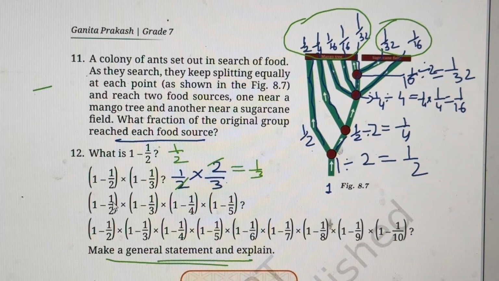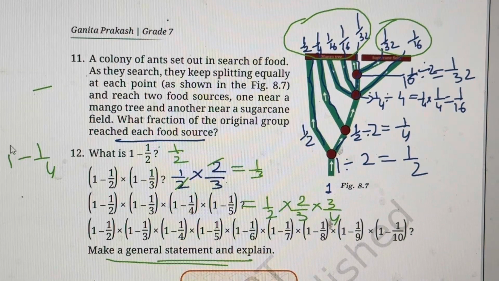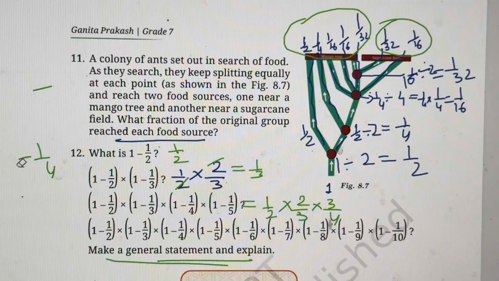Similarly, if we do the third one, 1 minus half is half into 1 minus 1/3 is 2 upon 3. Observe the pattern over here. 1 minus 1/4 is 3 upon 4. Why am I getting 3 upon 4? Because for 1 minus 1 upon 4, 4 will be multiplied with this. So 4 minus 1 is 3.